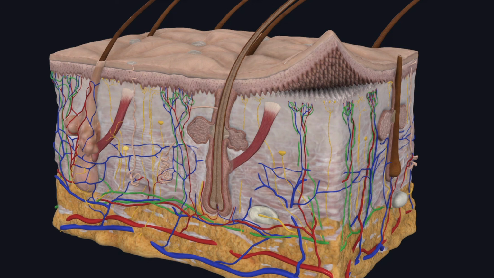The skin plays an important role in regulating the body temperature. The blood flow through the capillaries of the skin can be controlled by the numerous arteriovenous anastomoses present in it. In cold weather, the blood flow through the capillaries is kept to a minimum to prevent heat loss. In warm weather, the flow is increased to promote cooling.